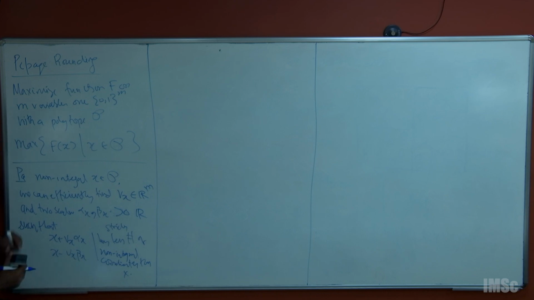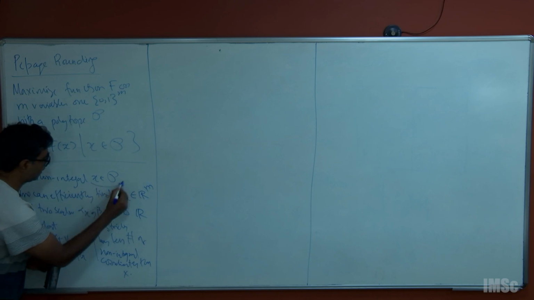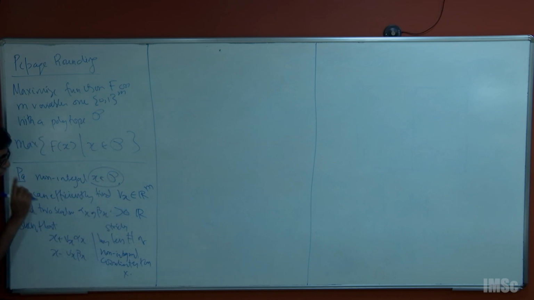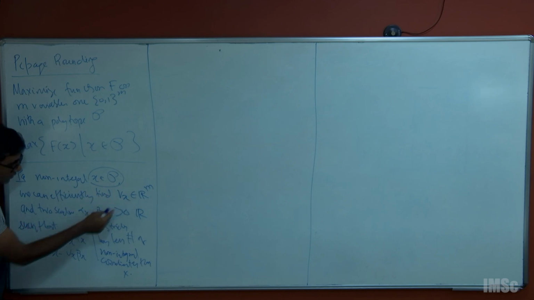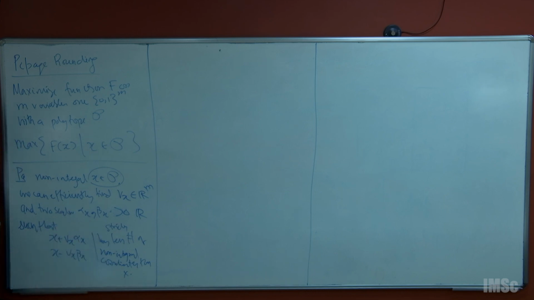Basically, if I give you some x in P, you can efficiently give me three things: a vector Vx and numbers alpha x and beta x, such that this property holds.